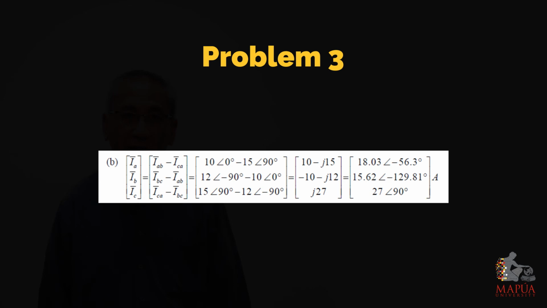That gives us IA equal to 18.03 angle negative 56.3 degrees amperes. IB, which is IBC minus IAB, gives us 15.62 angle negative 129.81 degrees. IC, which is equal to ICA minus IBC, gives us 27 angle of 90 degrees amperes.